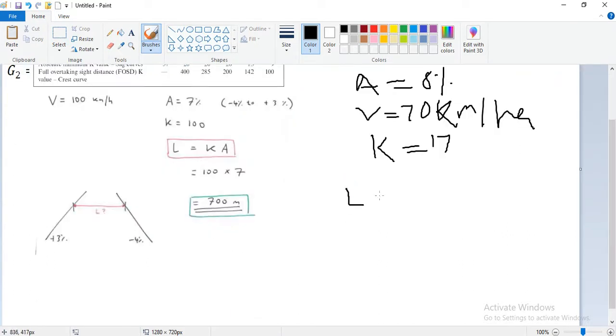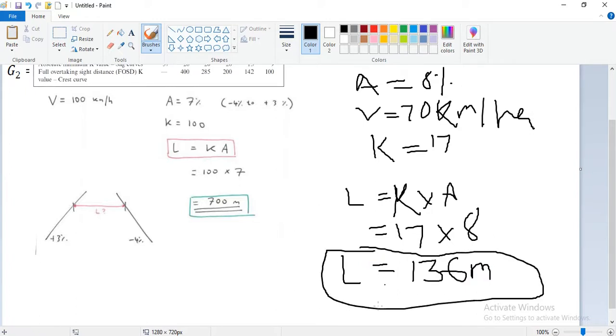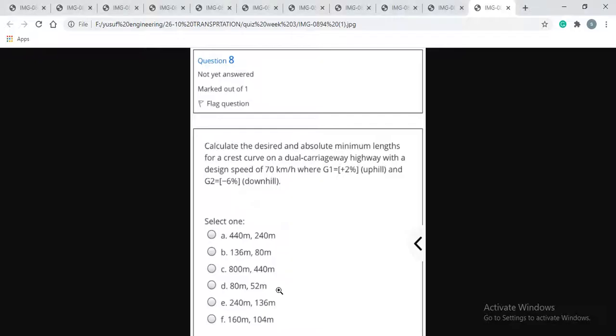L is equal to K into A. K is 17 and A is 8. 17 into 8 is 136 meter. So L will be 136 meter.